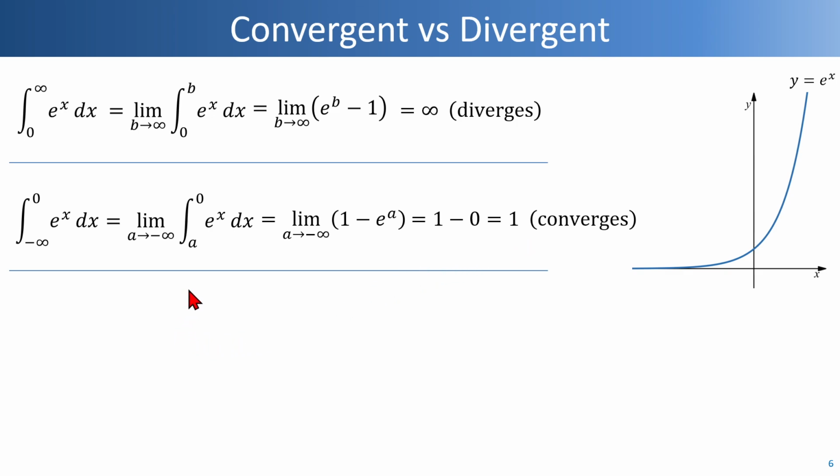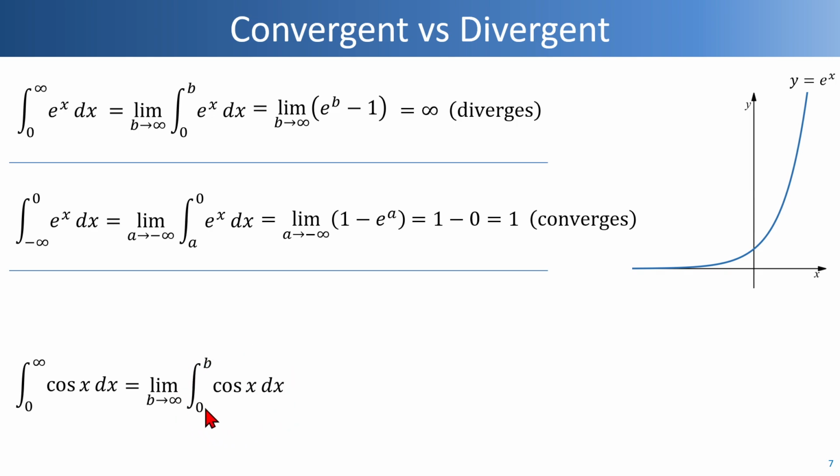We'll look at one last example. It's going to be the integral from 0 to infinity of cosine of x, another function that we can integrate very quickly. But as usual, we replace the infinity by b, then we'll take the limit as b goes to infinity.